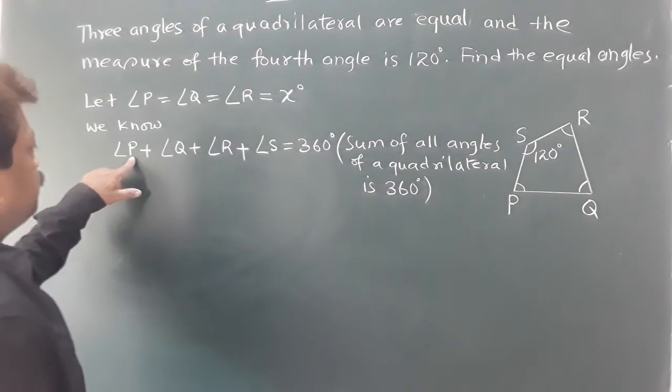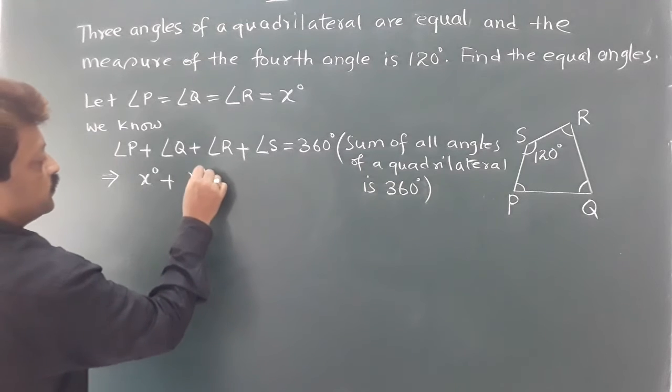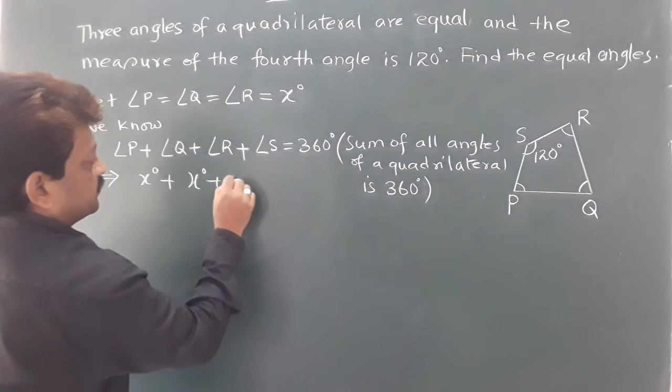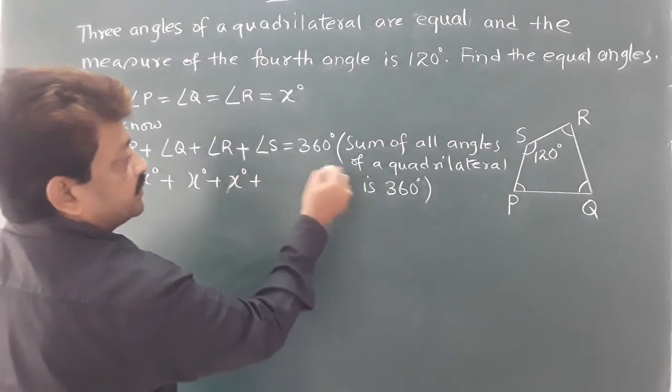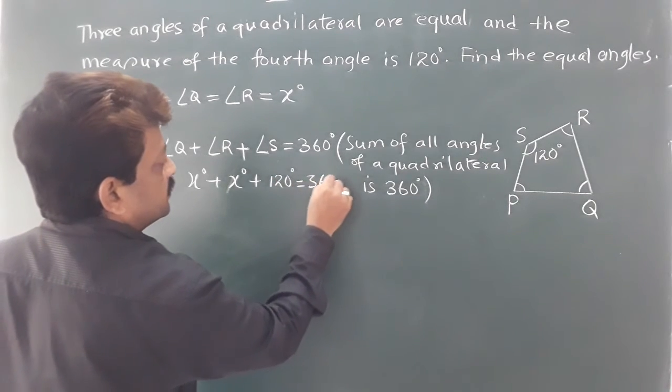Now, in place of P, I am putting X degrees. Q is also X degrees and R is also X degrees. And angle S is 120 degrees. So that is equal to 360 degrees.